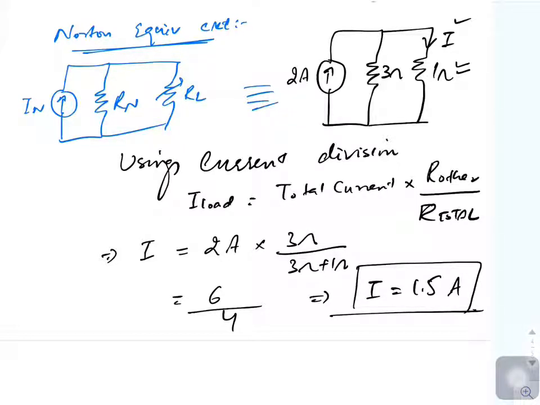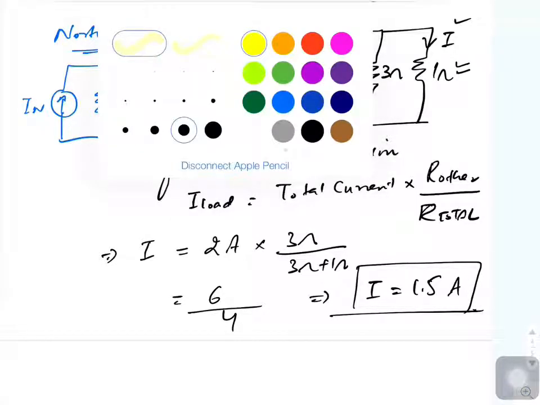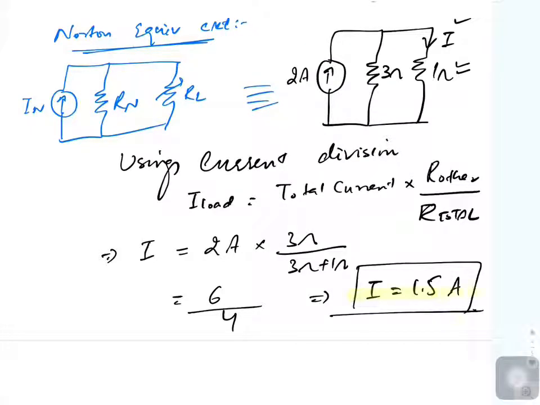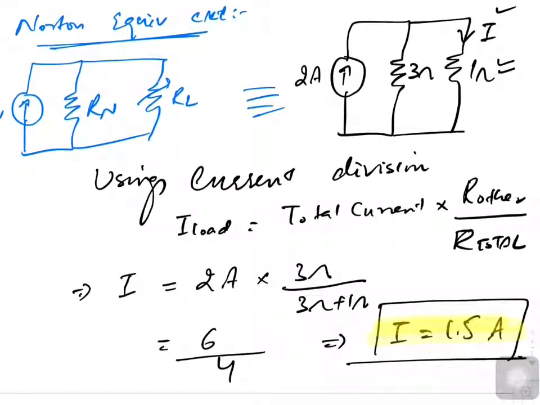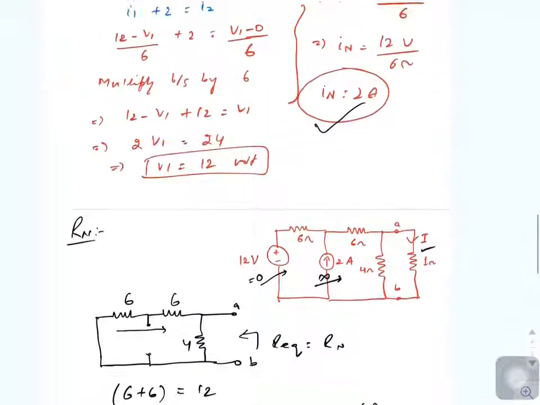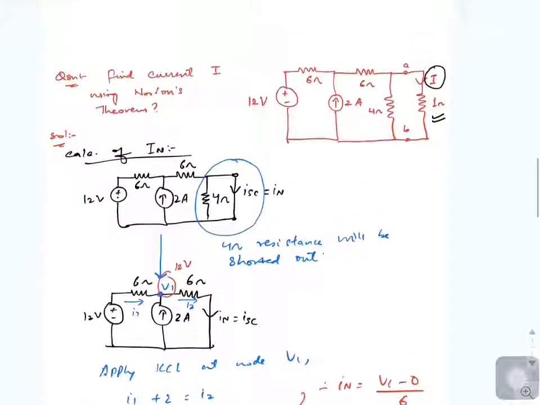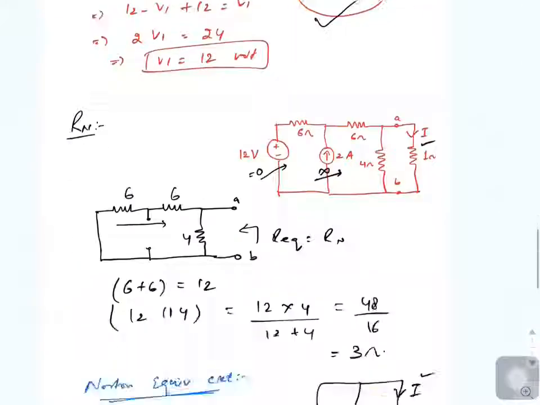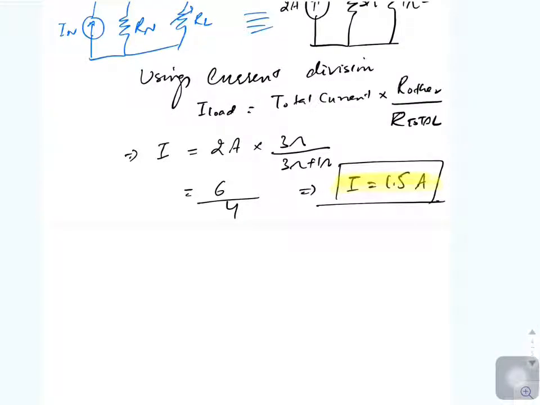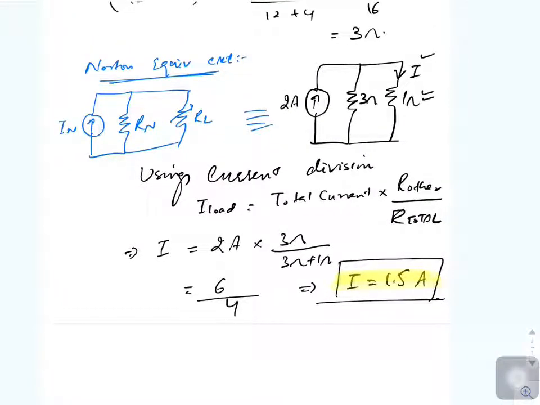So we got the same answer, the one we got by finding it using the Thevenin concept or by using the conventional way. So mathematically we are proving that this theorem is correct, this is verified, and this is one more way of calculating the current across the load that is variable.